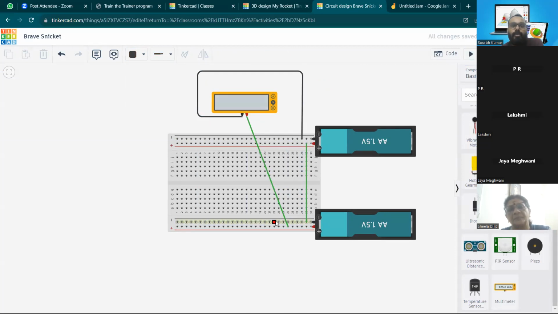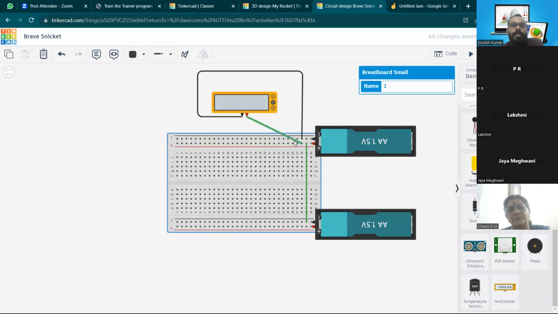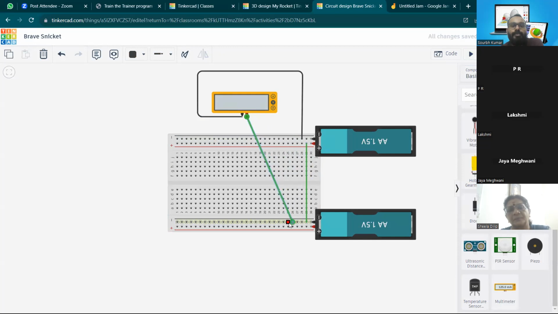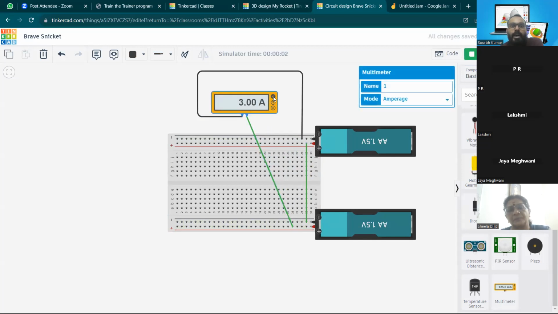So if I remove this wire from in here and connect directly to the terminal of one battery, then yes, you will get 1.5 volt in total. But in series combination, the voltage will increase to 3 volt. So 3 volt. And now look, if the battery is in series connection, then the total amount of current is 3 ampere in here.